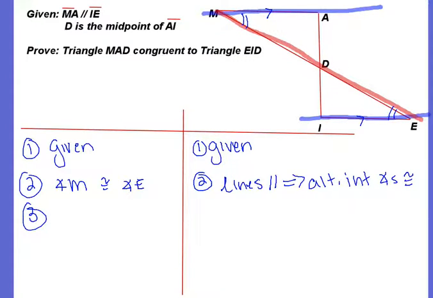Let's also look at another thing in the picture. I noticed that I have vertical angles in this picture. Well, because of that vertical angle theorem, I can say angle, let's say angle ADM is congruent to angle IDE.